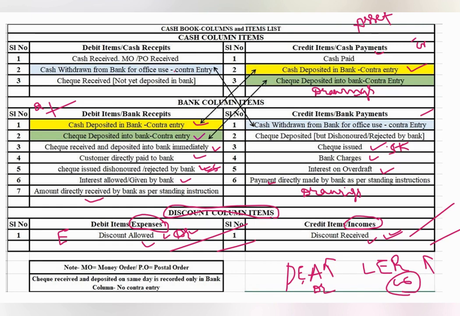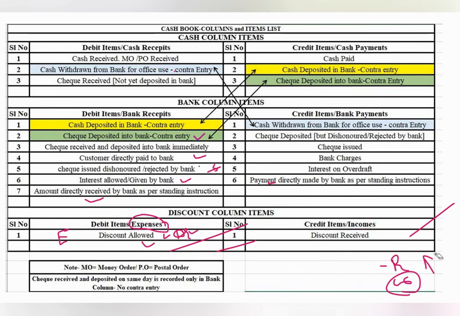That is not required to be written for discount allowed and discount received columns, whereas for the cash and bank columns we need to write. Okay, this is about the theoretical aspects of these items which we need to understand basically when we are preparing the cash books.